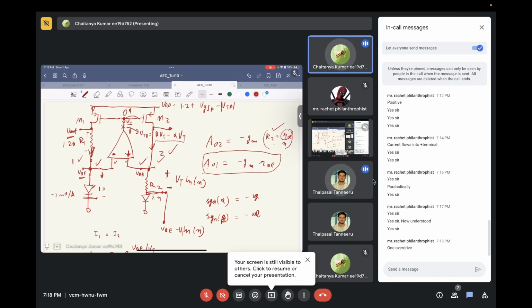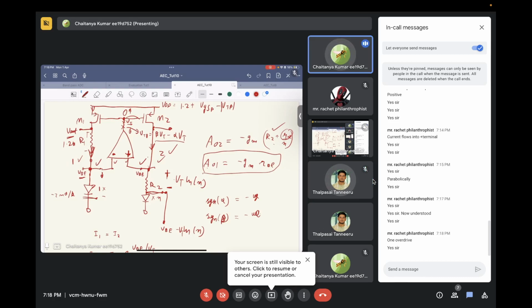So one overdrive above your 1.2 volts. So the power supply has to be very high for this circuit to work.